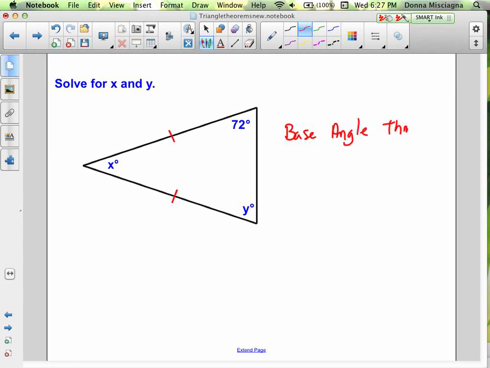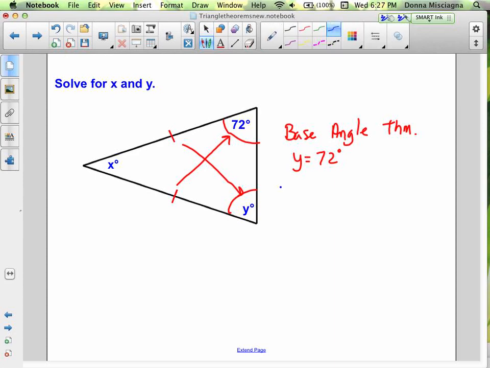I'll abbreviate theorem though. Base angle theorem to find the measure of y, which look to those congruent sides. So we know that if one base angle is 72 degrees, since these angles have to be congruent, the other base angle is 72 degrees. So y is equal to 72 degrees.